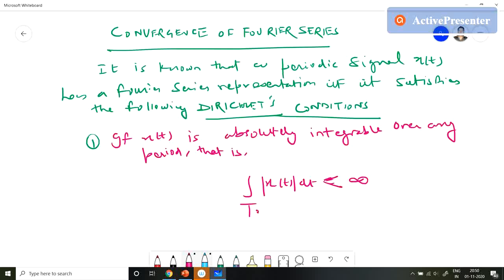This is called the first Dirichlet condition.